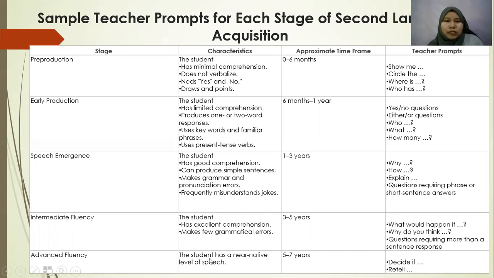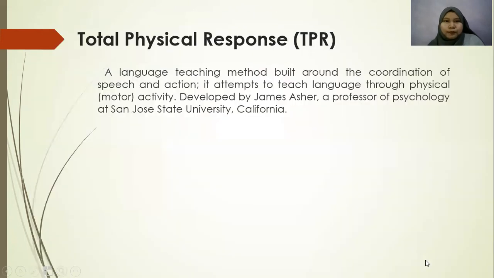Then advanced fluency: the student has a near native level of speech and can speak the target language at a level near to the native speaker. It is approximately 5 to 7 years of learning the language, and the student can decide if or retell.